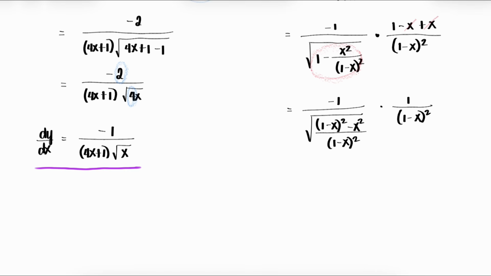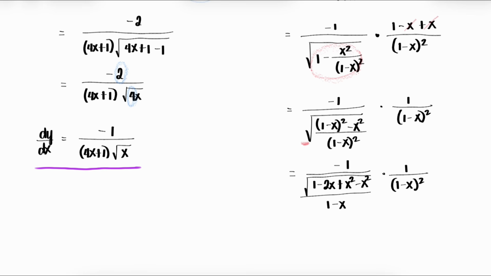Simplifying this further, as you can see here, this is a radical. This is a radical right here, and we're going to extract the square root of this one. So we have negative 1 divided by, we're just going to expand this 1 minus x quantity squared in the numerator. So that's 1 minus 2x plus x squared minus x squared. We're going to put that inside the radical sign and then divide it with 1 minus x times 1 divided by 1 minus x quantity squared.